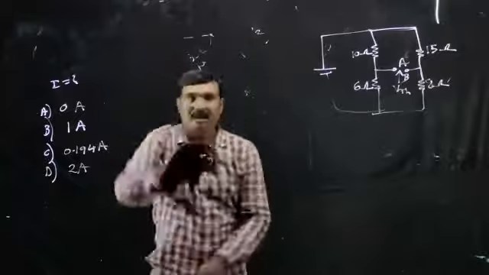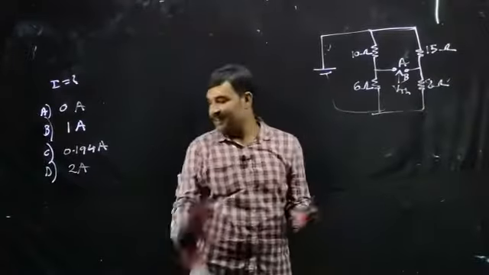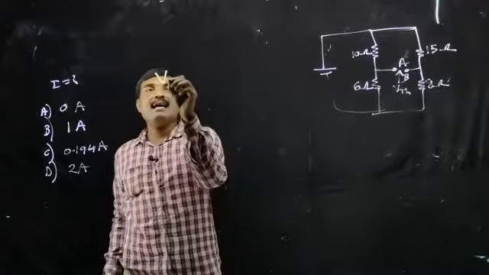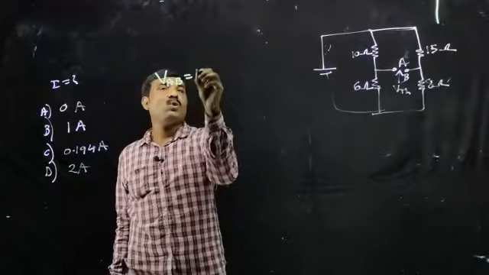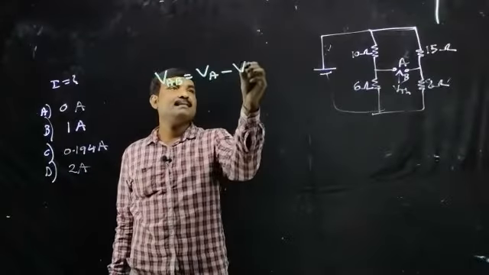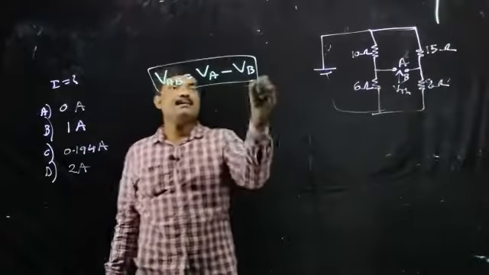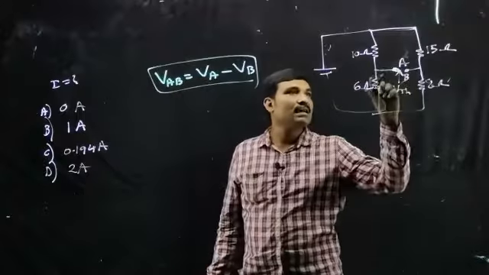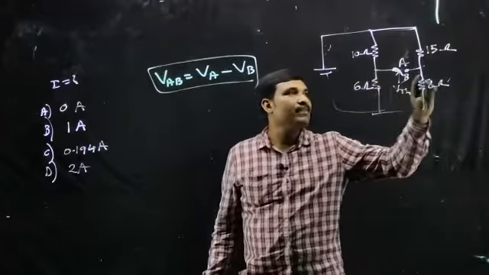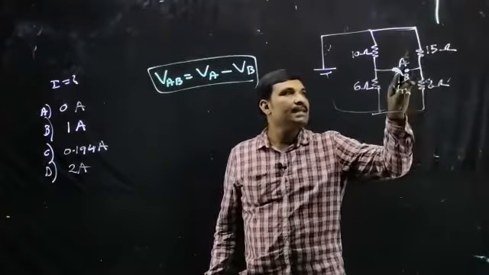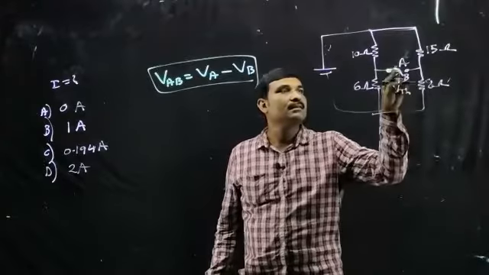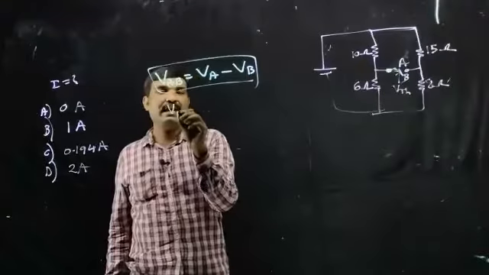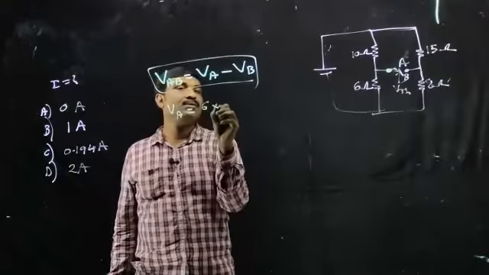Now, VAB is equal to VA minus VB. This is the same as Thevenin's equivalent voltage. VA is the voltage across this 6 ohm resistance, and VB is the voltage across this 8 ohm resistance. So VA is equal to 6 into I1.